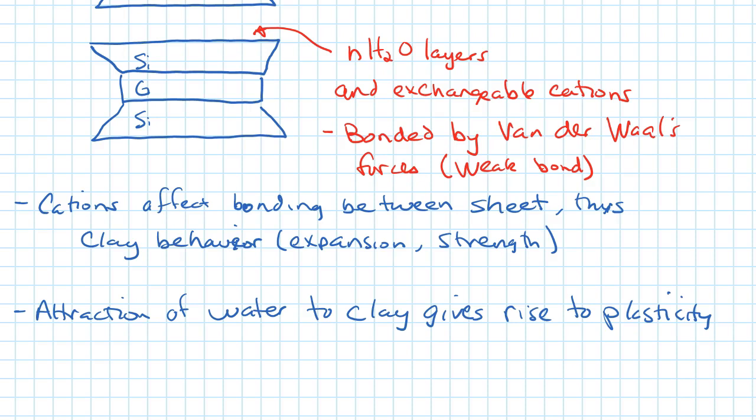So when the consistency of a soil changes from hard and rigid to soft and pliable by having water added to it, the soil is said to be exhibiting plasticity. That plasticity range is greater for soils that have high attraction to water, like Montmorillonite, compared to clays like kaolinite, which don't have as strong an attraction to the water.